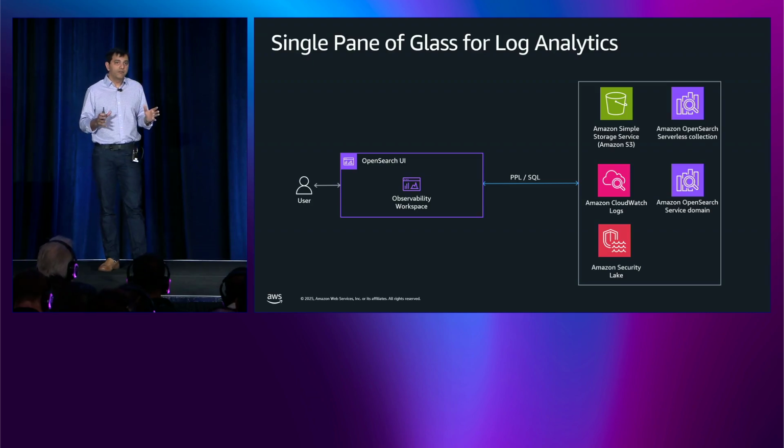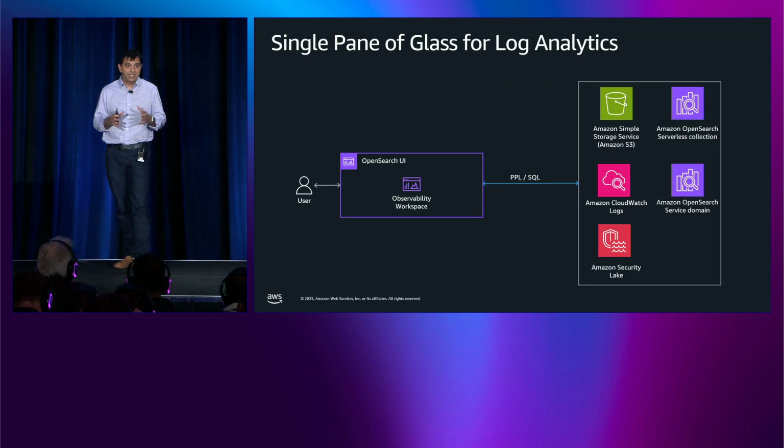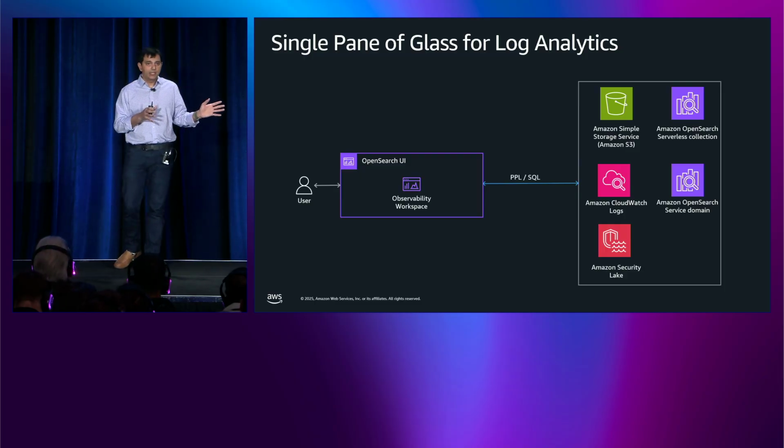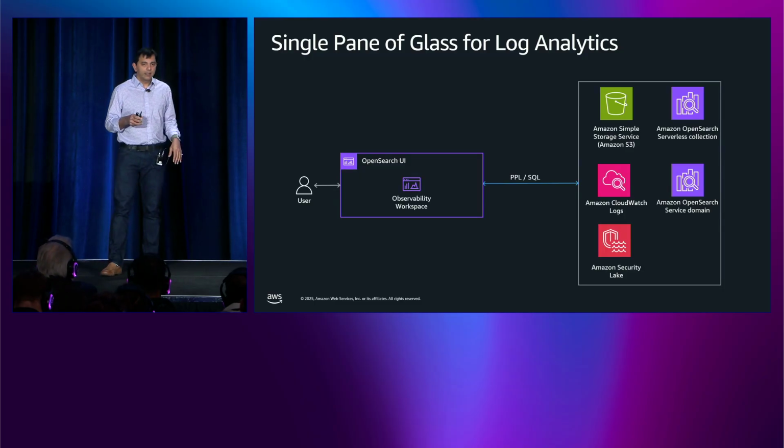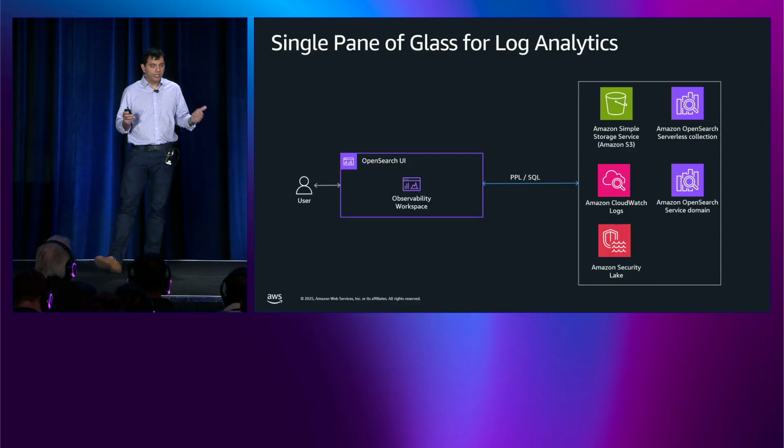It's really powerful to be able to do that because data exists in different places and it's expensive to bring it into one place. So this is a set of new things that we've launched, like the CloudWatch integration and the Security Lake integration.